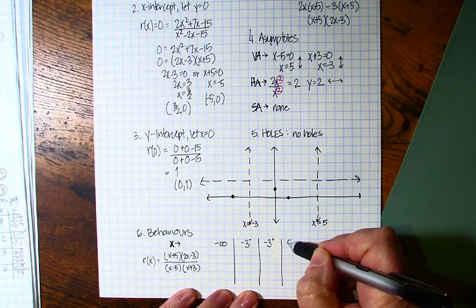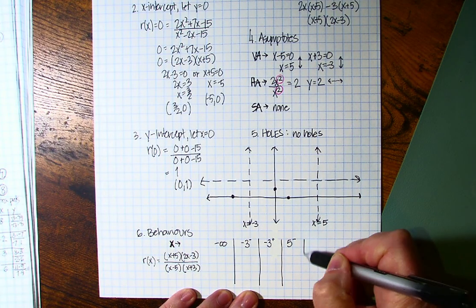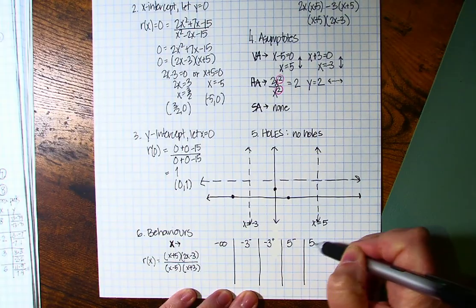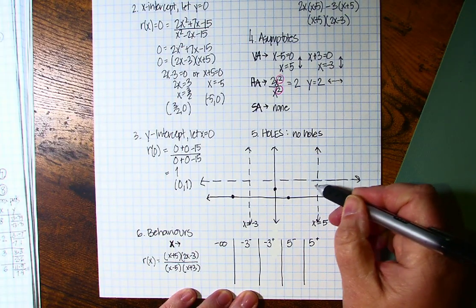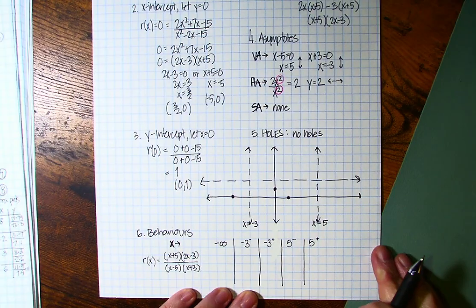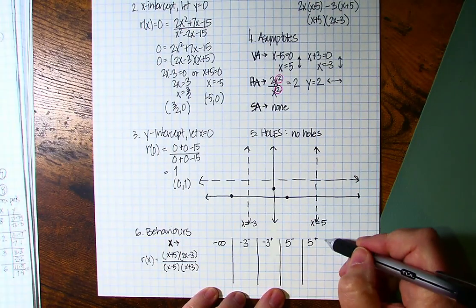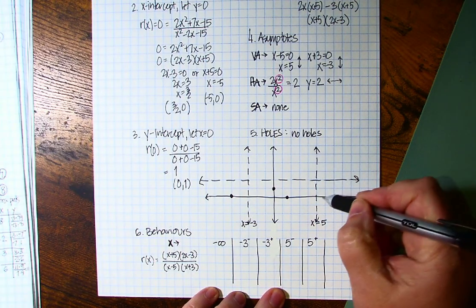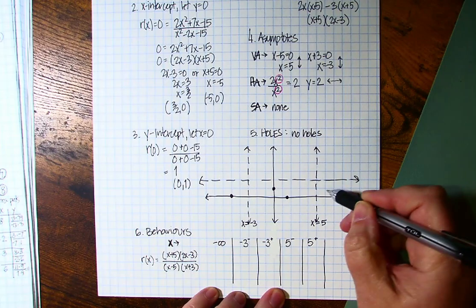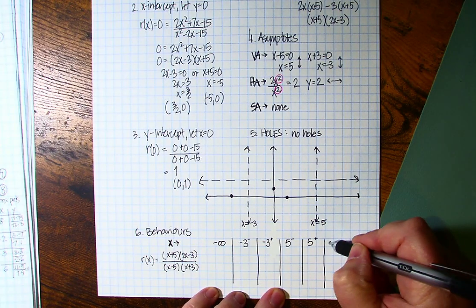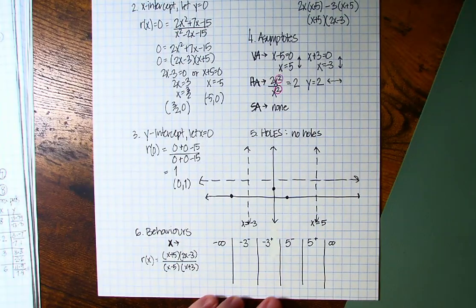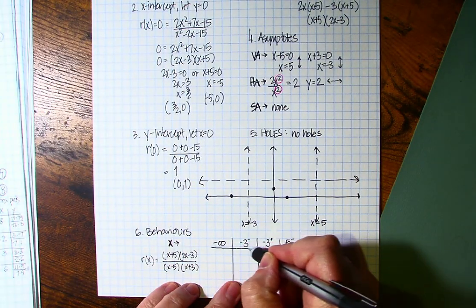We want to approach that +5 from the left, and we want to approach that +5 from the right, so each side of that vertical asymptote x equals 5. Then the only thing to check is what happens if our x gets really, really big as x goes out into infinity. So I'm going to leave a +infinity there. All right.